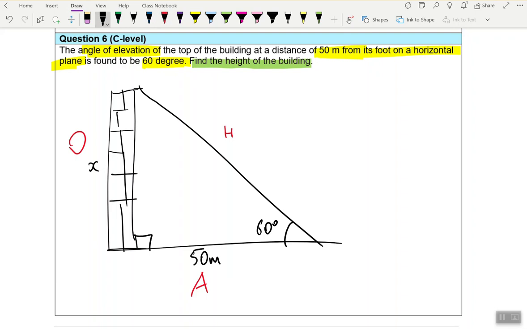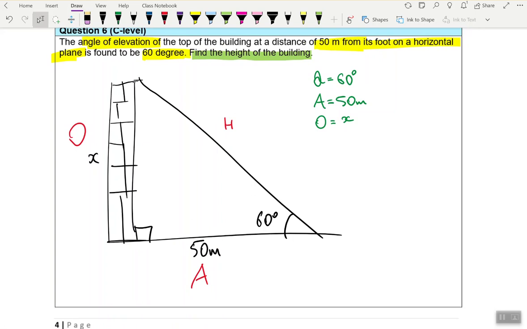We have the angle theta is 60 degrees, we have the adjacent, that's 50 meters, and what we are looking for is the height of the building, which is the opposite side, and we just call that x. Always in trig, you will have two things that you know and one that you're looking for.